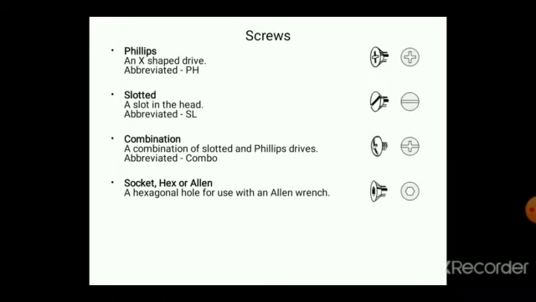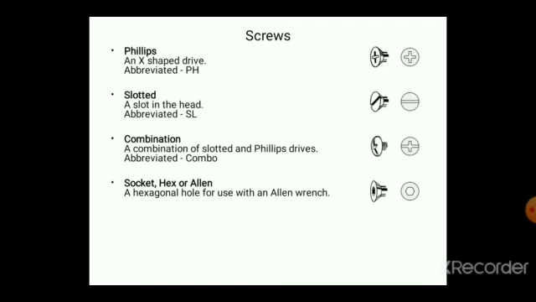Then these are some of the typical shapes of screws. The first one is Phillips, with a round shape on top and an X-shaped drive. Then slotted, where there is one single slot. For an Allen wrench, you can dismantle and assemble the screws also.